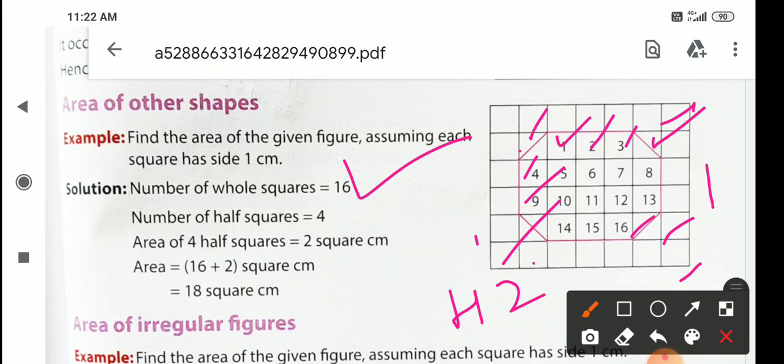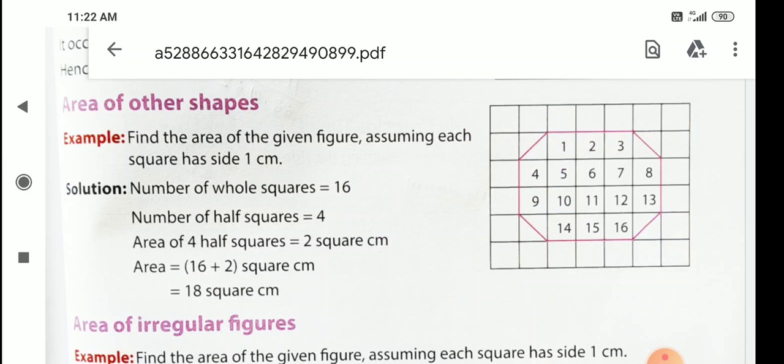Whole squares are 16 and half squares are how much? 2 square centimeter. So total is how much? 16 plus 2 is 18 square centimeter. Clear?